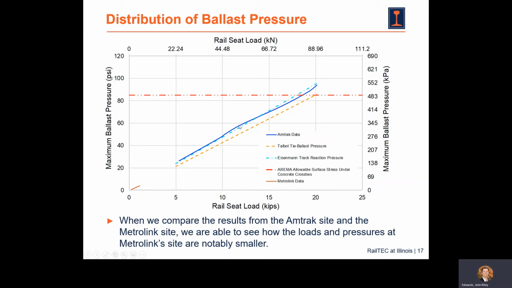So these are real data shown on these lines, significant difference in terms of what's seen on light rail and what we see on Amtrak. This is not surprising, but it also gives very useful insight into ballast life and also the design of the crossties themselves.